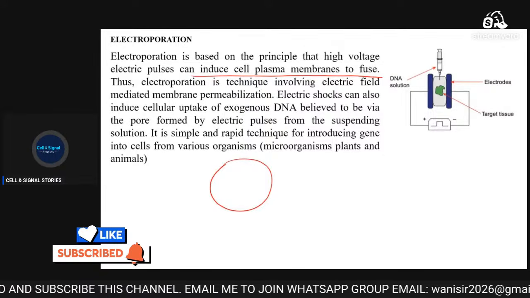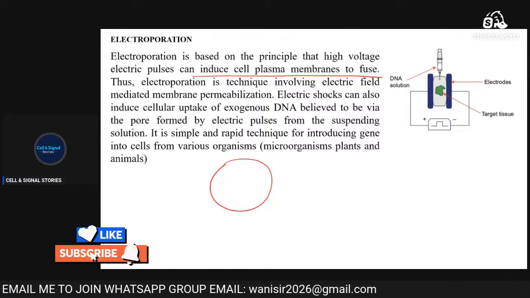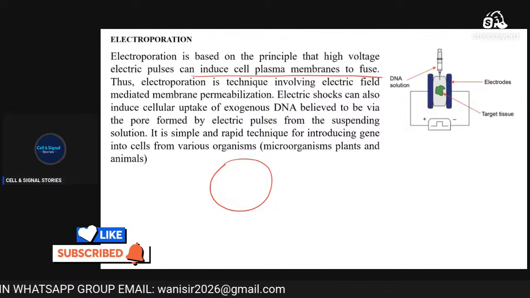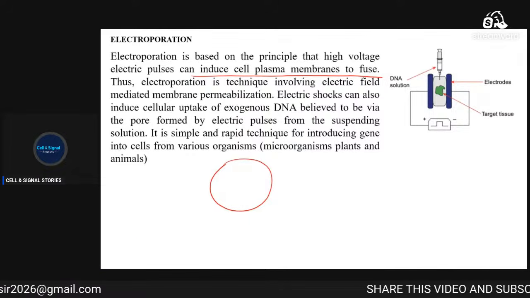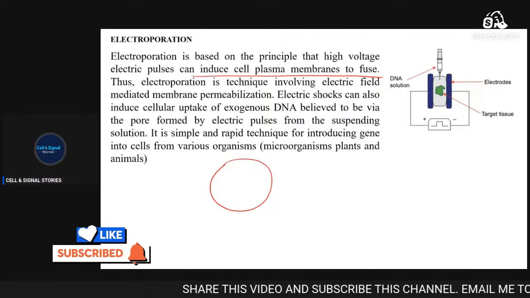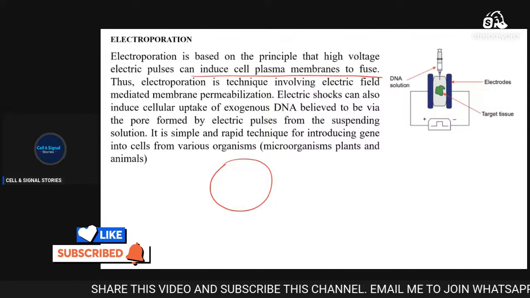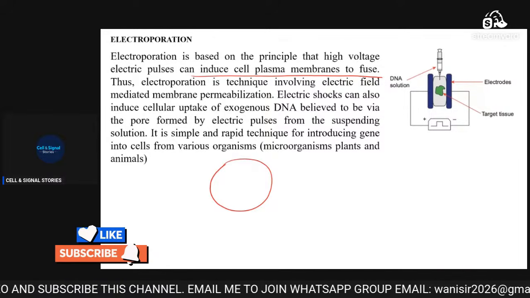Now, these pores allow DNA to enter, because under the electrical field the phospholipid bilayer of the plasma membrane becomes temporarily destabilized, forming transient aqueous pores.